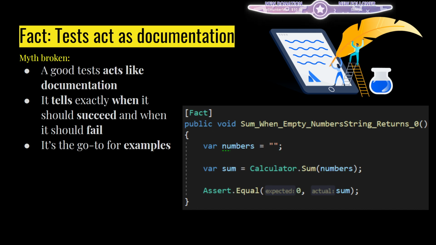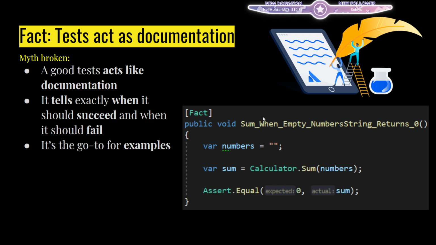And tests should be written in a way that it's clear what is passed and what is the result. What is passed, called, and what is the result. So here you can see I have a calculator that is static and I call the sum function. To the sum function I pass an empty string and I assert whether my actual sum was 0, the expected.